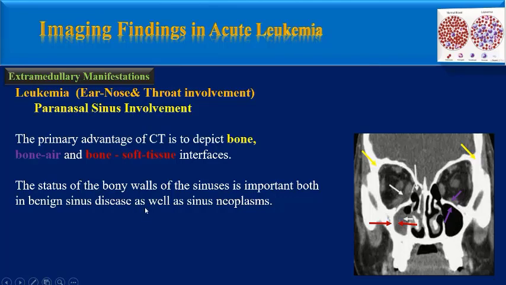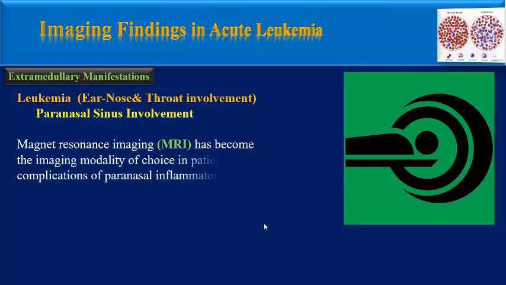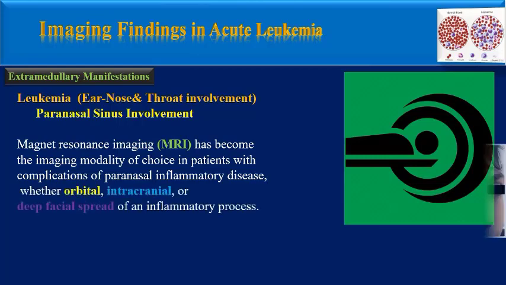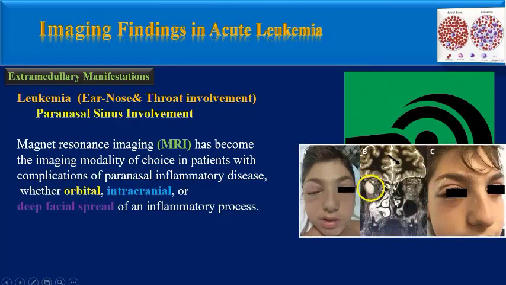The status of the bony walls of the sinuses is important both in benign sinus disease as well as sinus neoplasms. MRI has become the imaging modality of choice in patients with complications of paranasal inflammatory disease, whether orbital, intracranial, or deep facial spread of an inflammatory process.